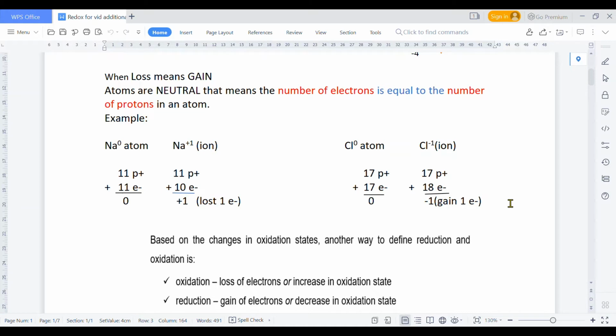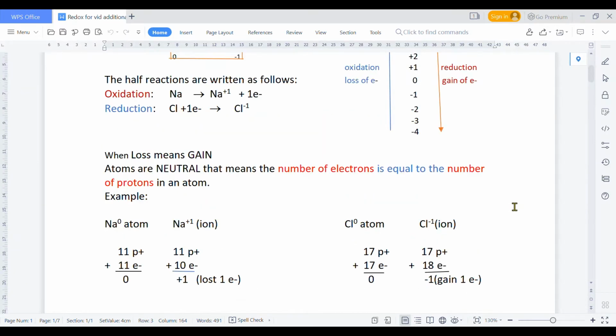Atoms are neutral. That means the number of electrons is equal to the number of protons in an atom. For example, we compare sodium atom and sodium ion. Sodium atom has an atomic number of 11.